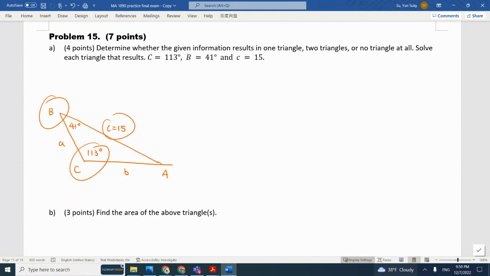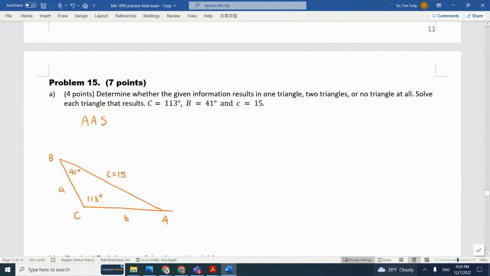Yes, so use law of sine. This is angle, side. So when do we use law of sine? When you have angle, side, or side, angle. When do you use law of cosine?